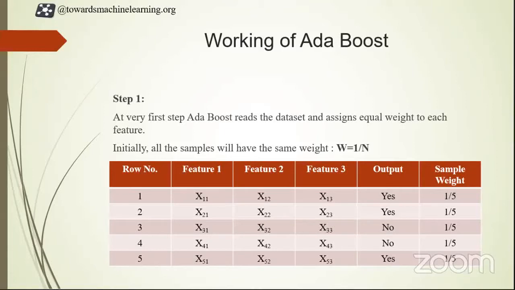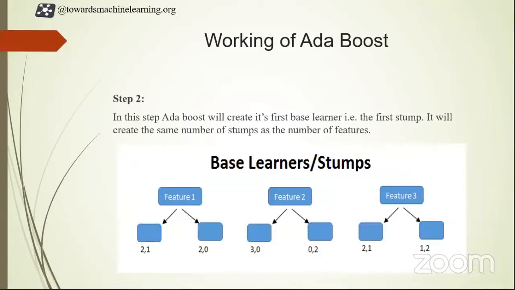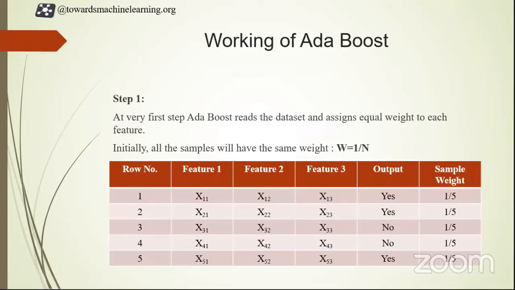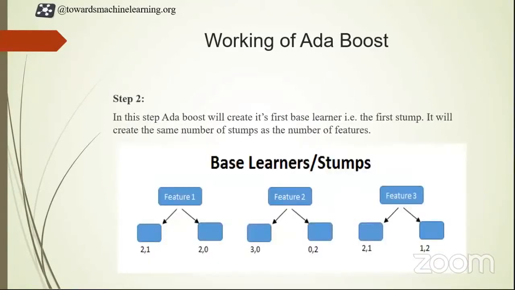Now in the next step, AdaBoost will try to create the base learners based on the features we have. As you can see, we have three features: feature 1, feature 2, and feature 3. So it will create stumps based on the first feature, the second feature, and the third feature.